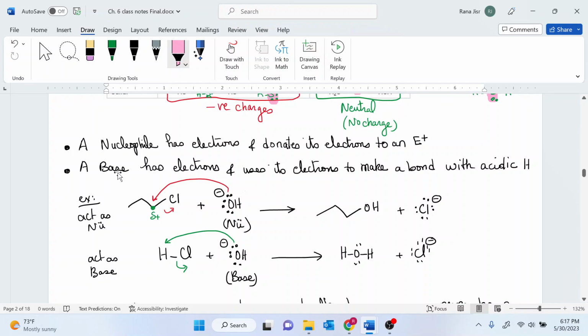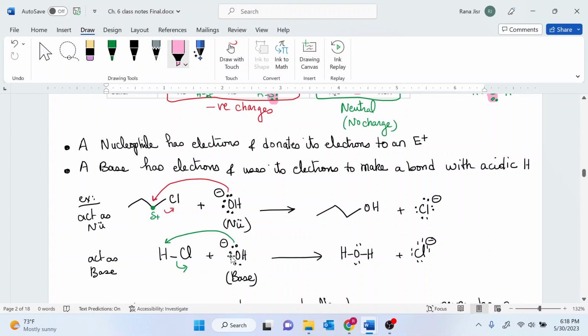If it wants to act as a base, then it needs to take a hydrogen. And here in this case, it's not taking a hydrogen. It is attacking the electrophilic carbon. So when you have a nucleophile attacking the electrophilic carbon and not taking a hydrogen, then it's going to behave as a nucleophile. On the other hand, if you have your nucleophile taking the hydrogen from the acid, then in this case, the nucleophile is going to act as a base.